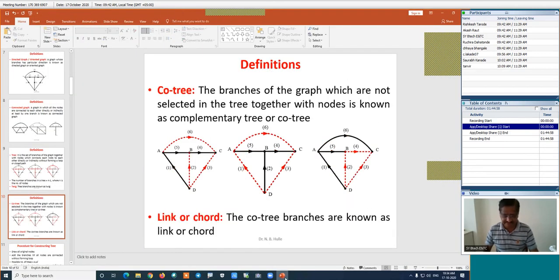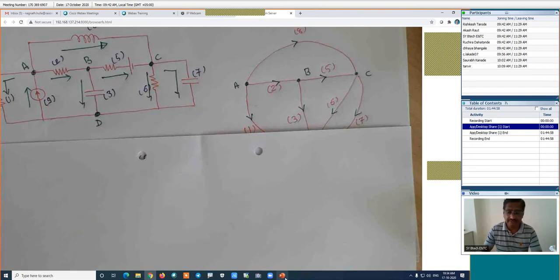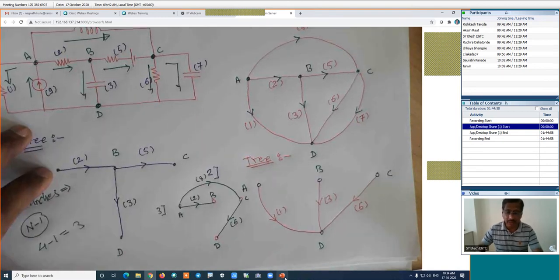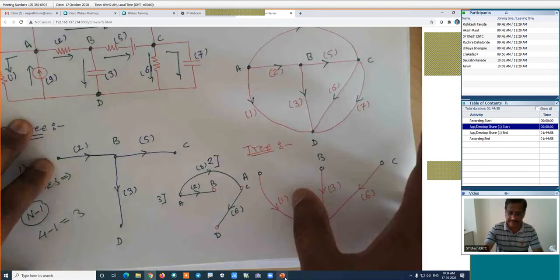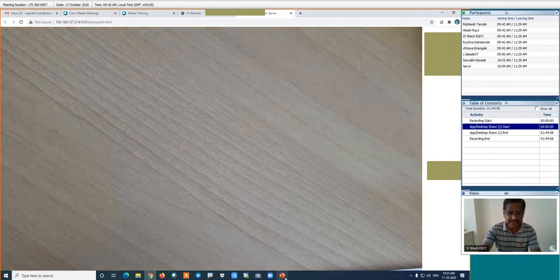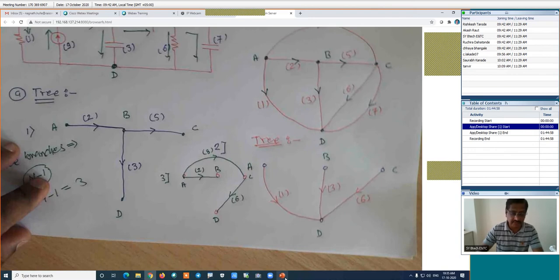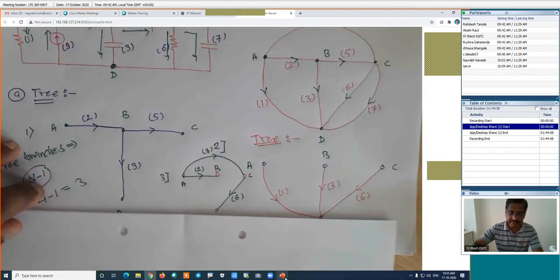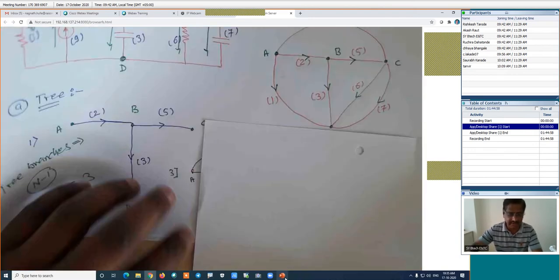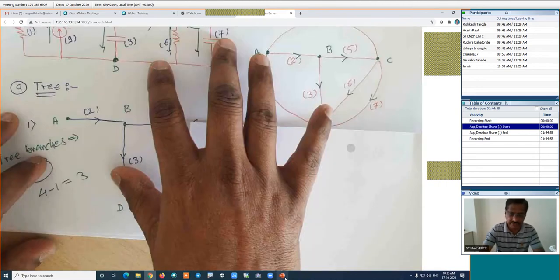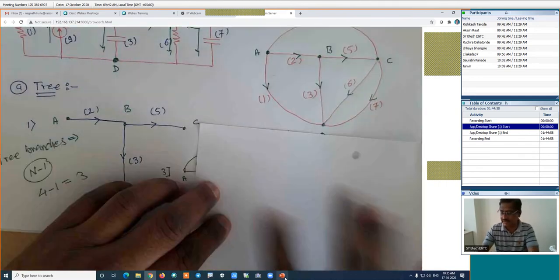For this part, now look at how the cotree will be. Cotree is for a particular tree. I will consider this part of the graph.